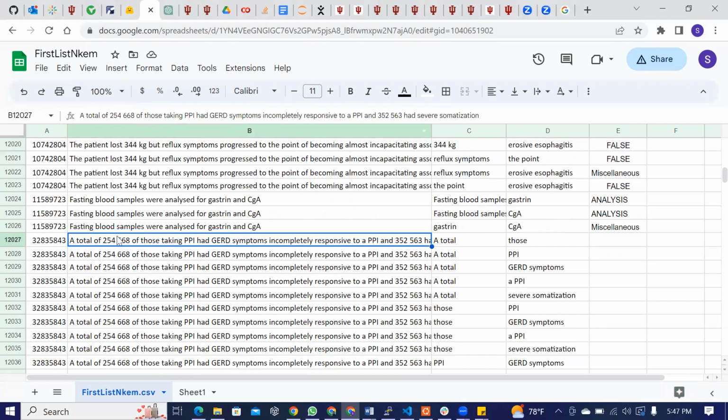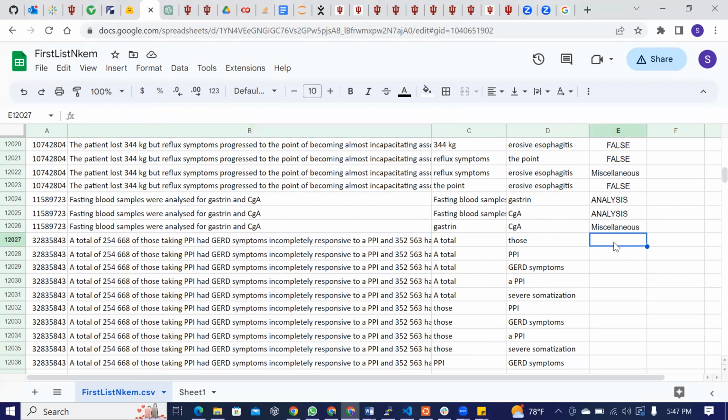So another one. A total of 254 of those taking PPI had GRD symptoms incompletely responsive to PPI, and 352 had severe somatization. So a total, you understand? Now, let me see a total. It doesn't have a relationship with it, it's clear it doesn't. Now let's go on to the next one.